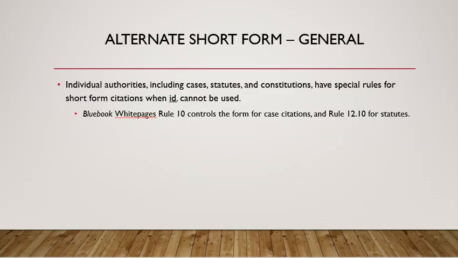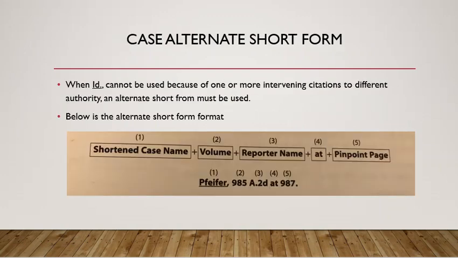Moving to alternative short form. Individual authorities, including cases, statutes, and constitutions, have special rules for short-form citations when id cannot be used. Blue Book White Pages Rule 10 controls the form for case citations, and Rule 12.10 controls the form for statute citations.